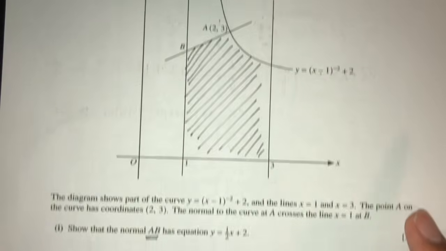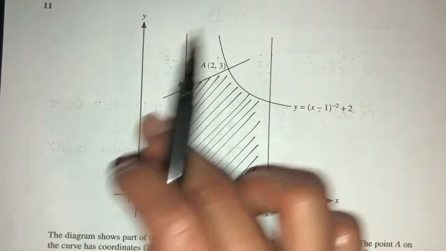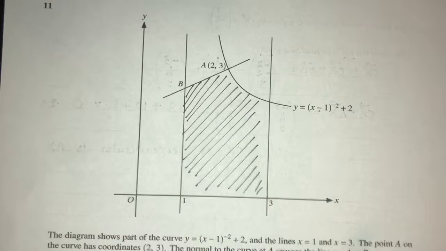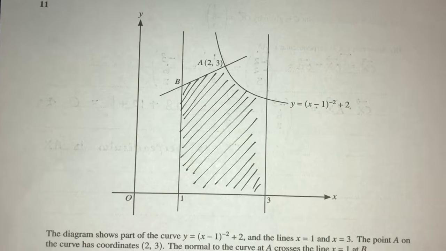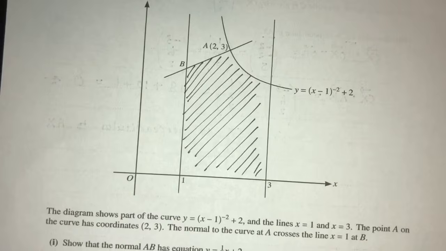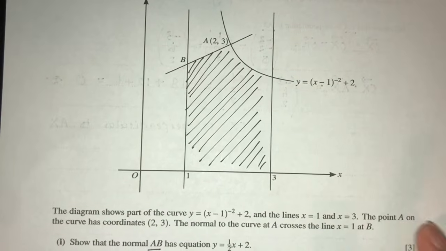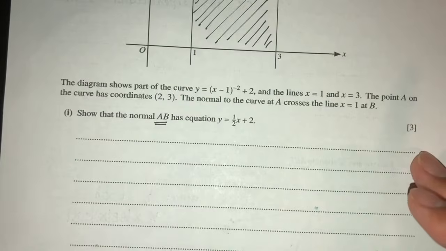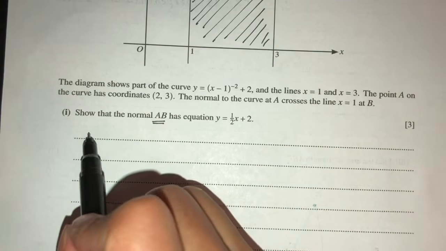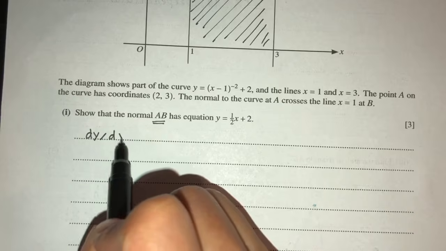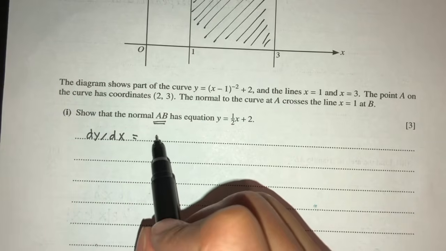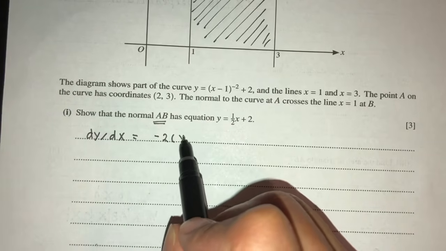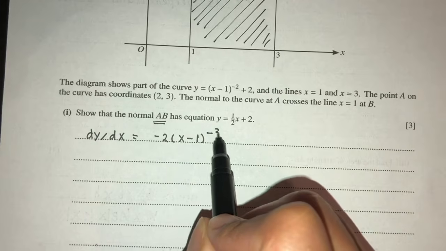So we have to find the equation of the line AB. So how would you find that? So let's see, what can we do? To find the equation of a line, we must first find the gradient of the line, right? So we can first use dy by dx. So dy by dx will be minus 2 times x to the power minus 1, minus 3.